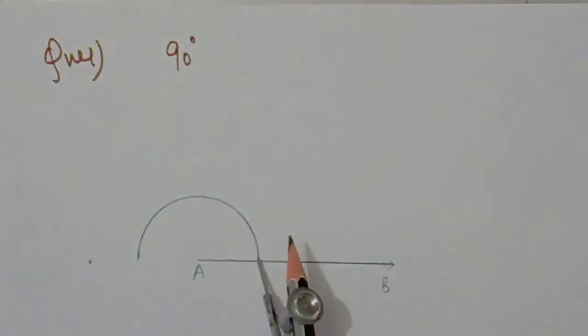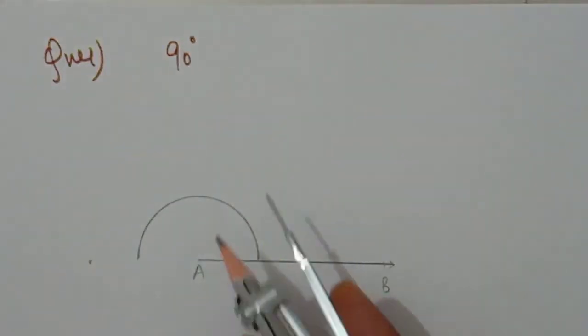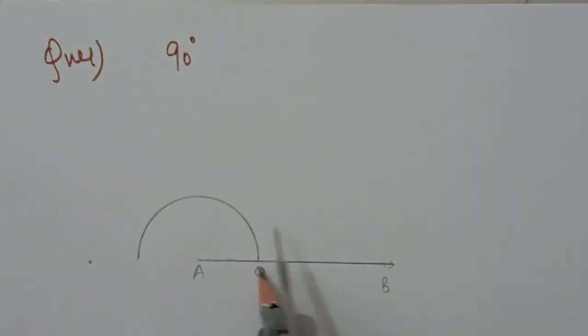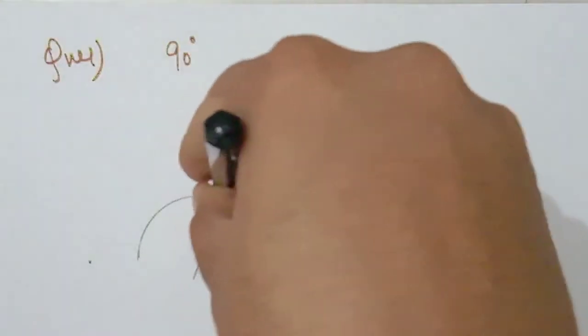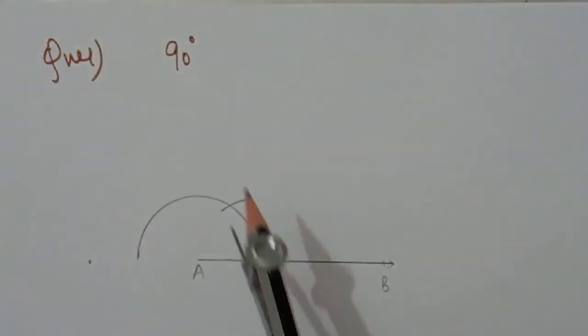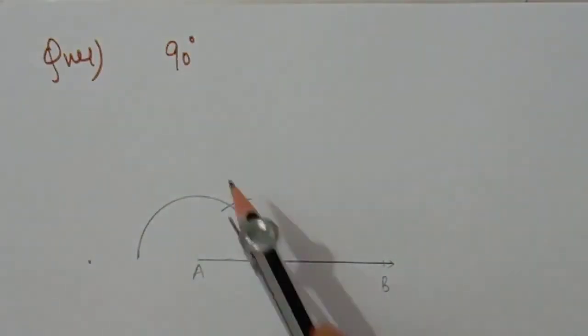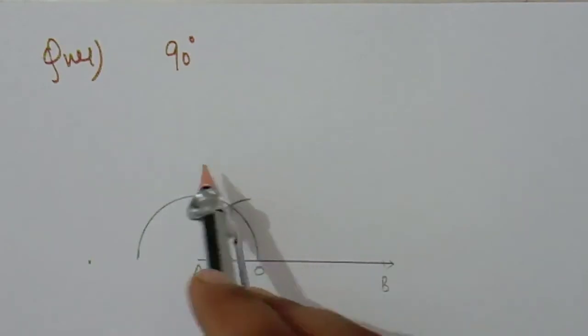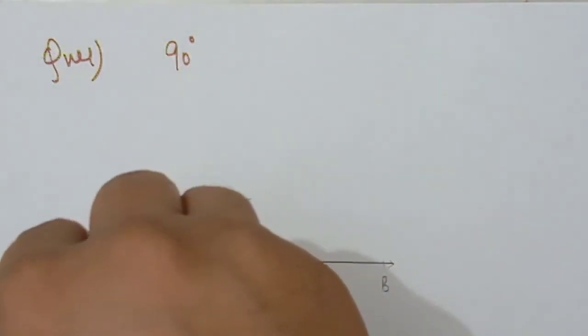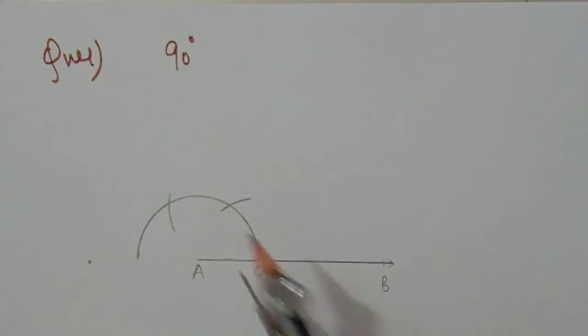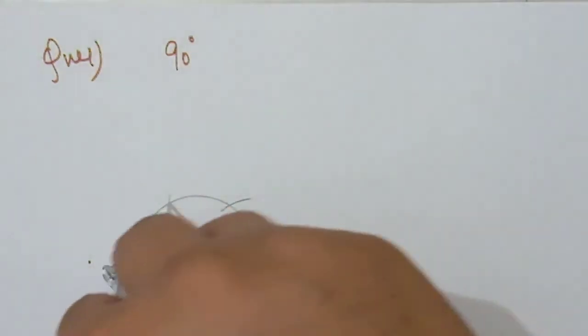This semicircle cuts AB at point O. Take O as a center and draw a 60-degree arc. This is our 60-degree angle, and this is our 120-degree angle, and take this as a center.